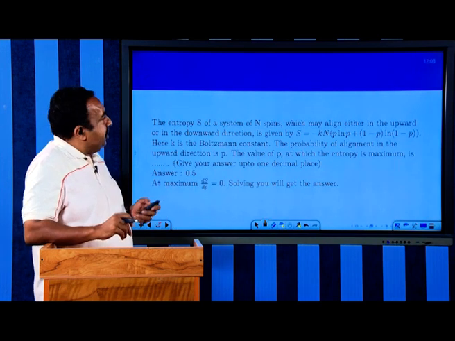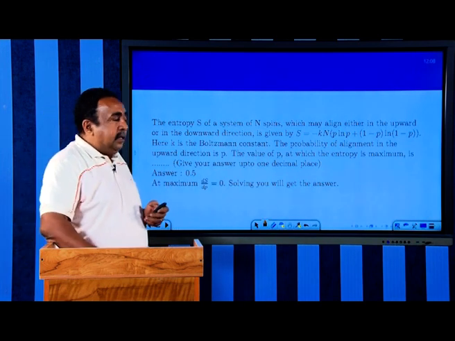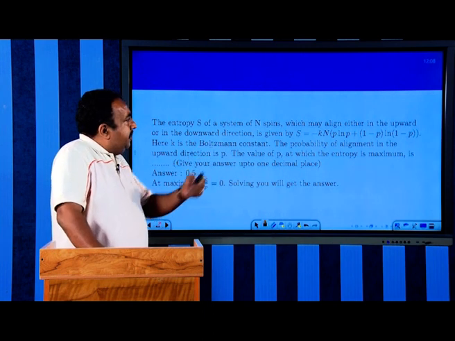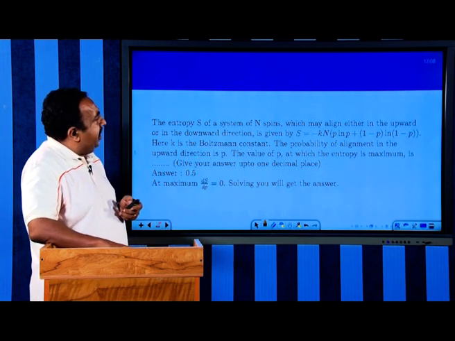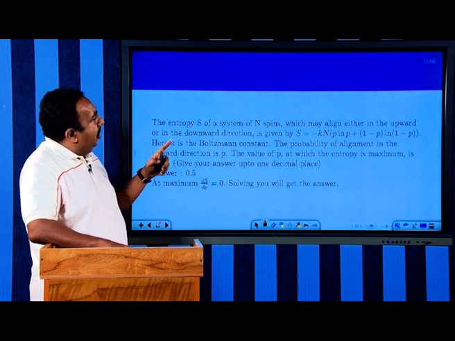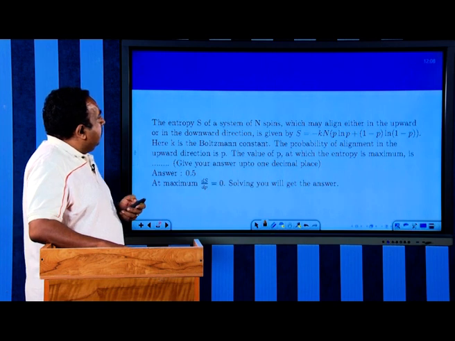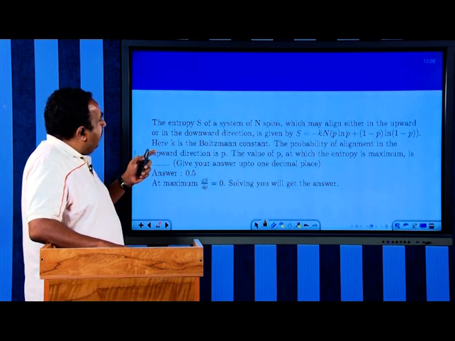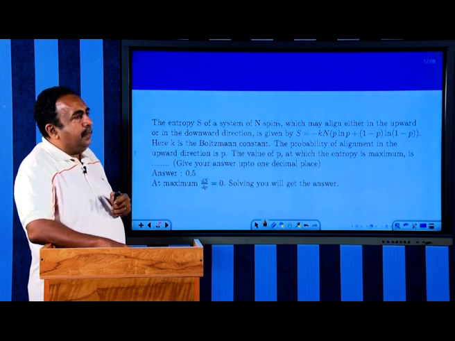Yes. Next is a very interesting one. You have entropy given by S equals minus Nk [P log P plus (1 minus P) log (1 minus P)], where P is the probability.